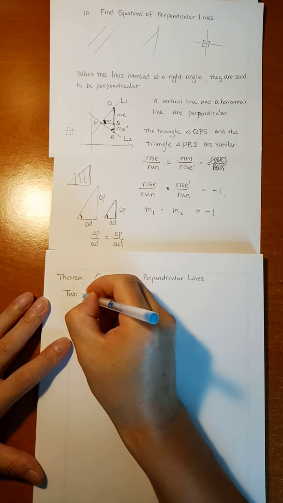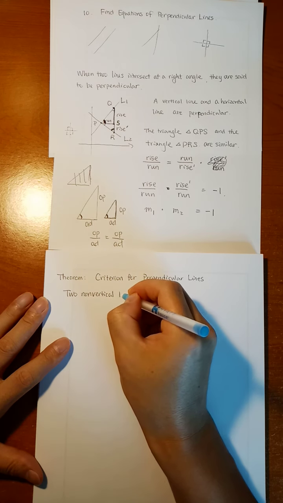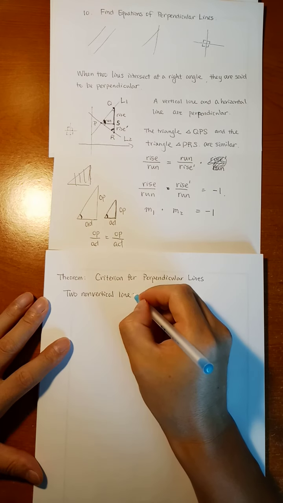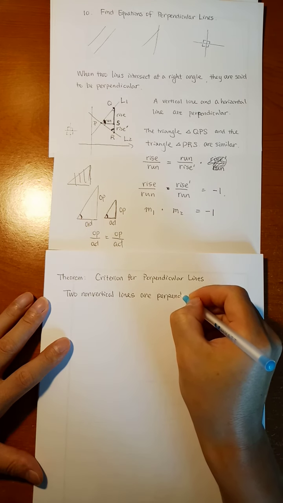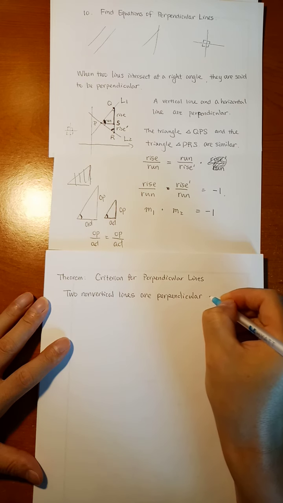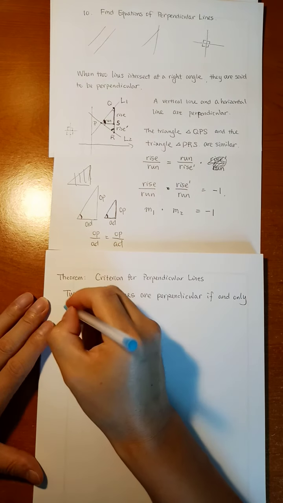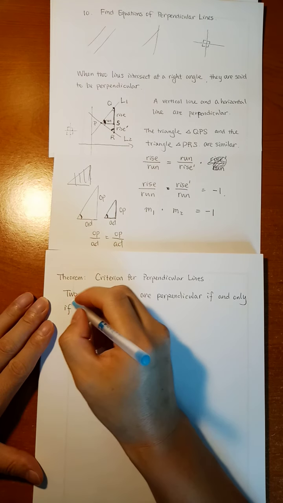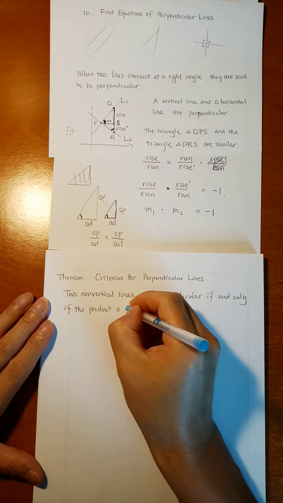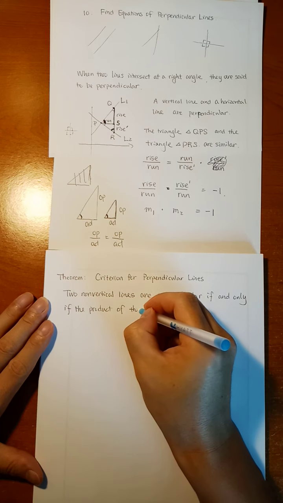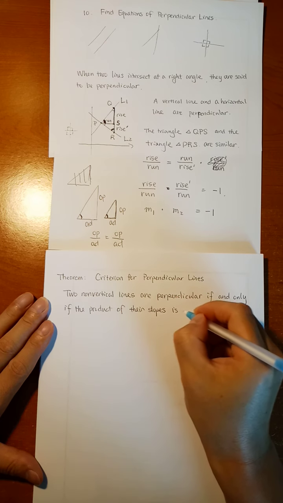Two non-vertical lines are perpendicular if and only if the product of their slopes is negative 1.